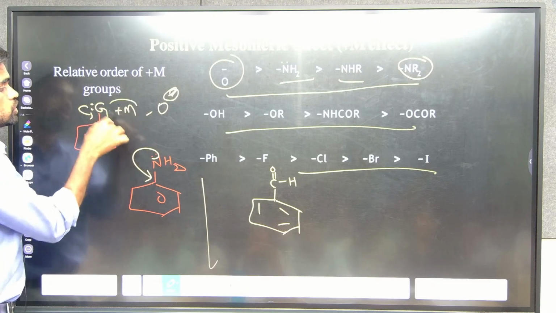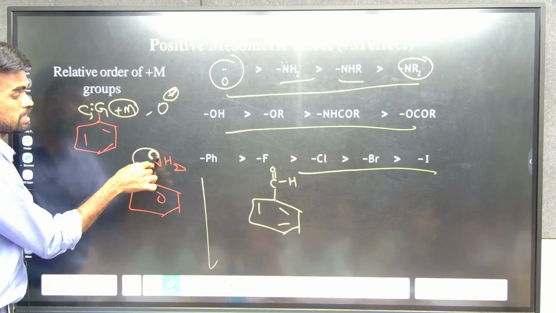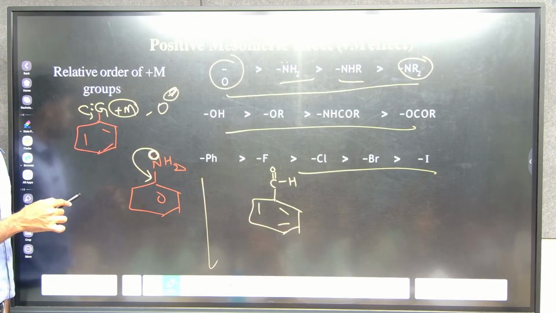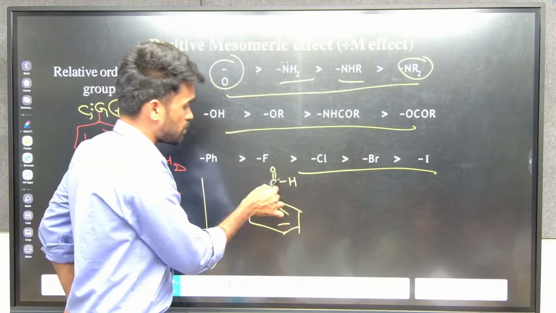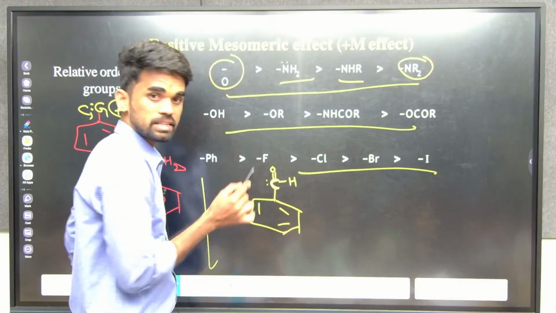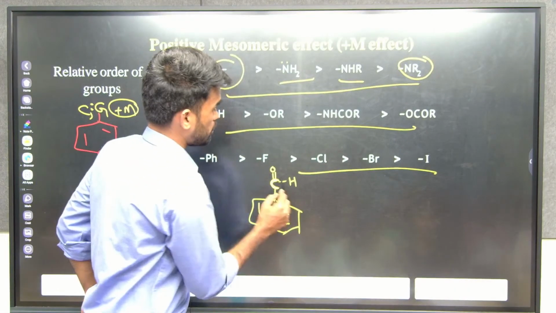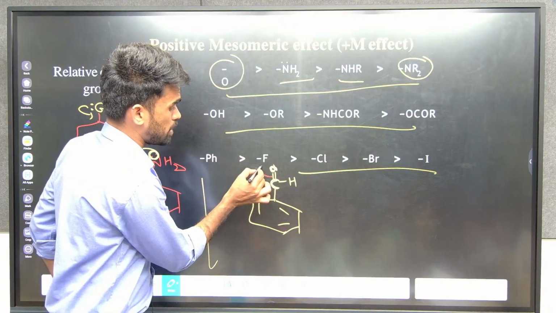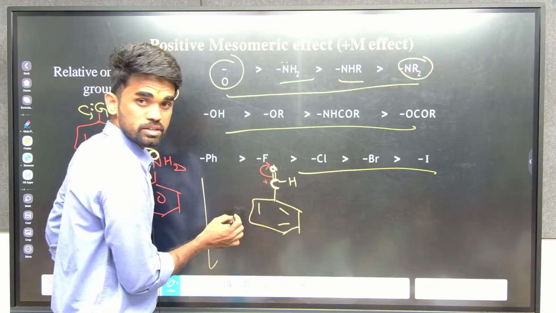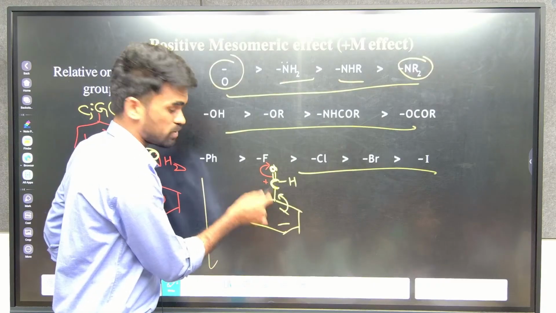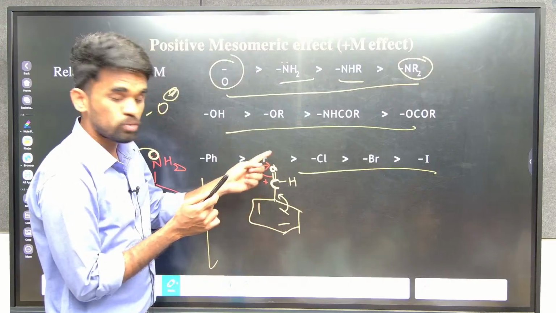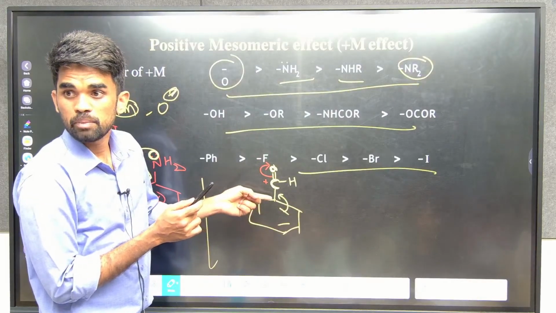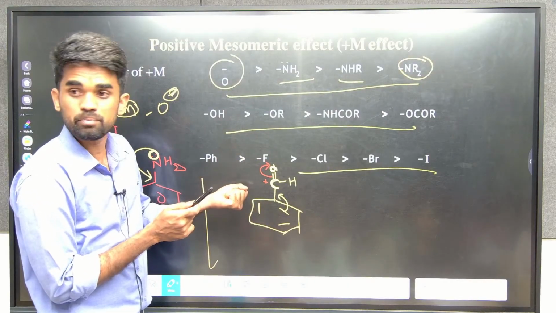So here at least one non-bonding electron is there, so which group it is? Here you check, does this carbon contain any non-bonding electrons like this? No. And what about adjacent carbon? See, this is more electronegative now, so that will only drag the pi bond towards itself, creating positive charge. Again that will draw the electrons from the ring. So what type of group? Aldehydes, ketones, minus M groups.